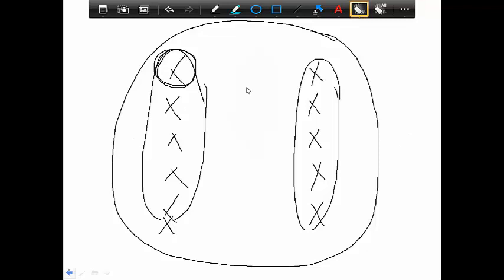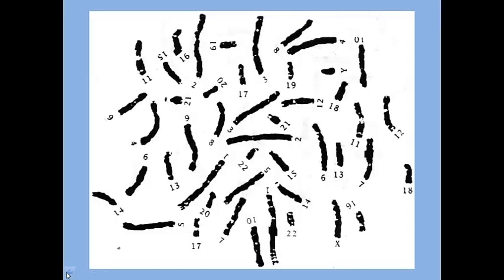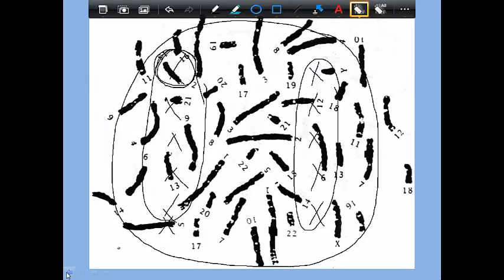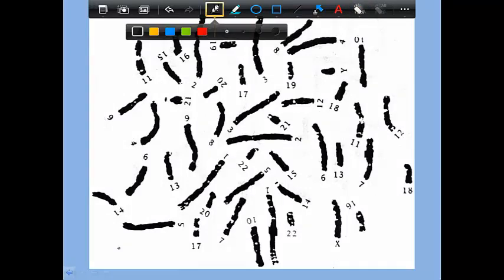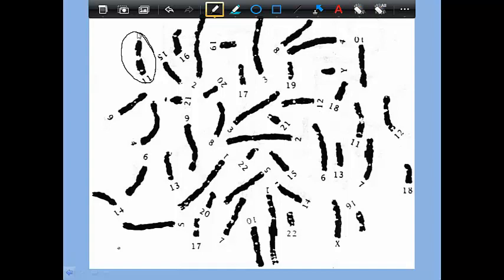If you have your chromosomes cut out already, these each represent a set of two sister chromatids, so it's double the DNA.